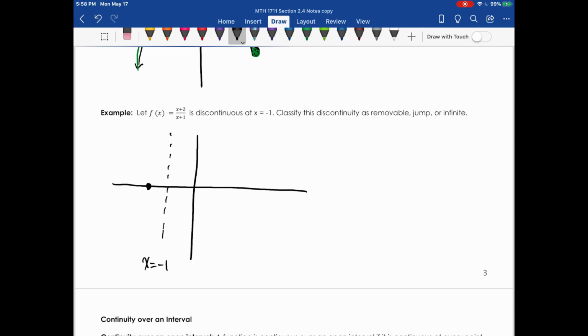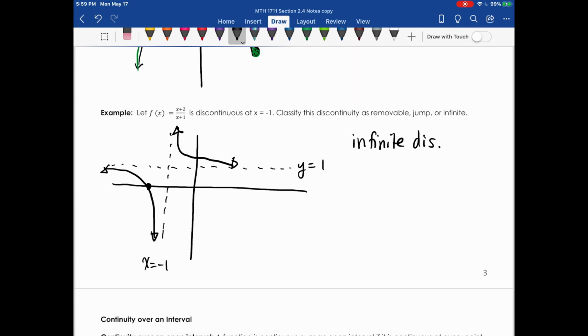And we're going to have a horizontal asymptote at y equals 1. So this is where you have to think back to your college algebra class when you're graphing rational functions. My picture, just a quick sketch, is going to look something like this. Now this is called an infinite discontinuity, because at x equals -1, we have an asymptote.